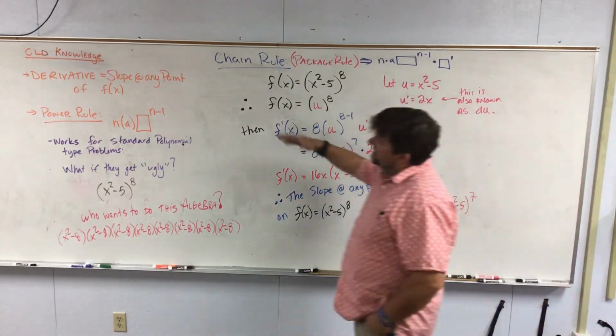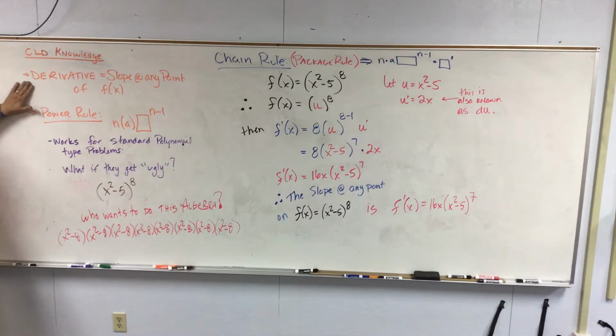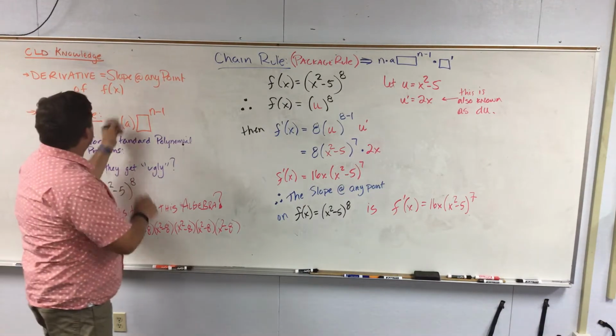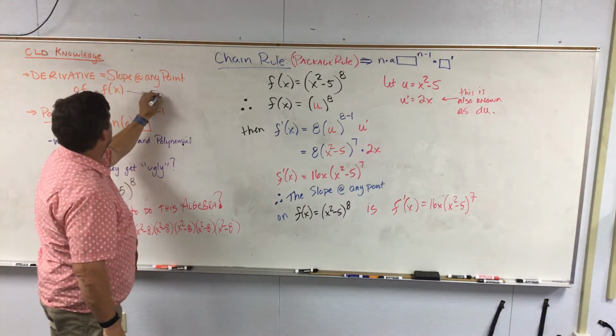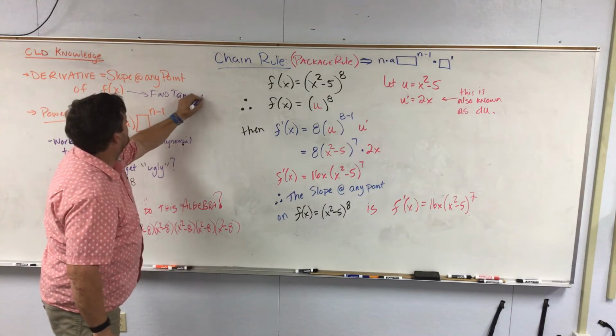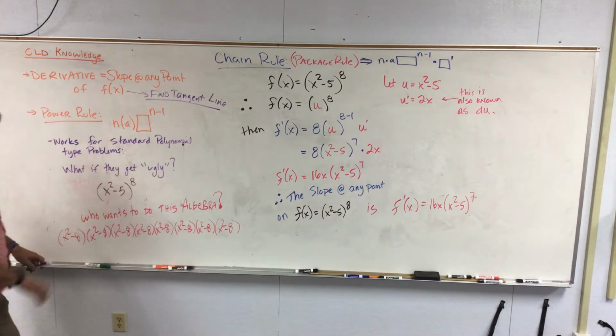So we talked about on the last one how the derivative is the slope at any point of f of x, and we can use that to find the tangent line.